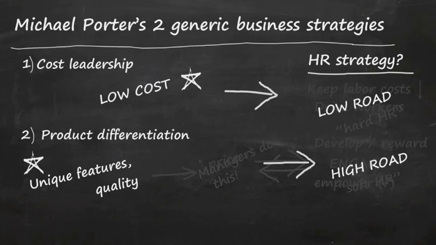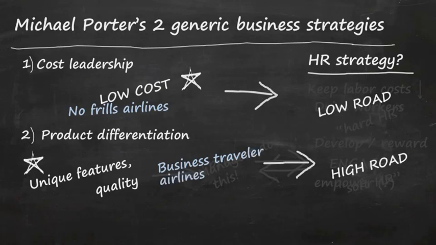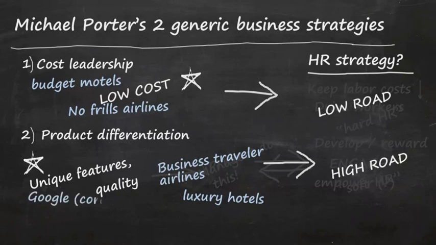But let's quickly look at some examples. Think of a low-cost, no-frills airline compared to an airline that focuses on business travelers. We would naturally expect that these would have different HR strategies. Similarly, think of a budget motel versus a luxury hotel. We would typically think that this would result in different types of HR strategies.